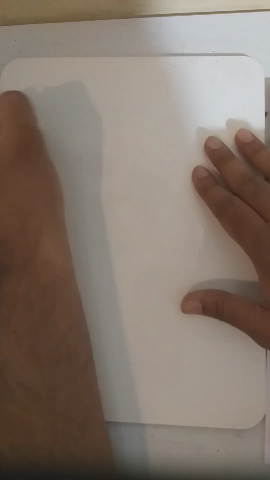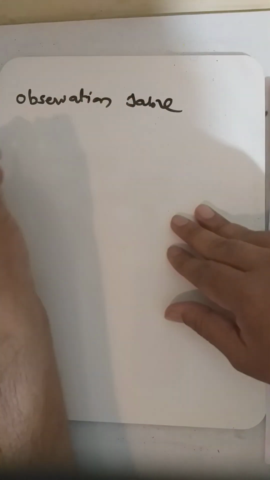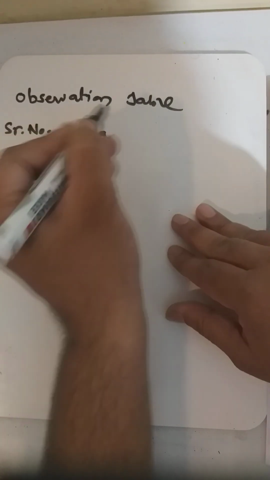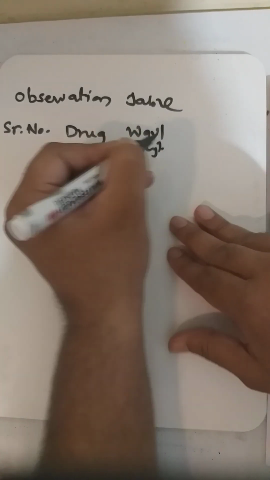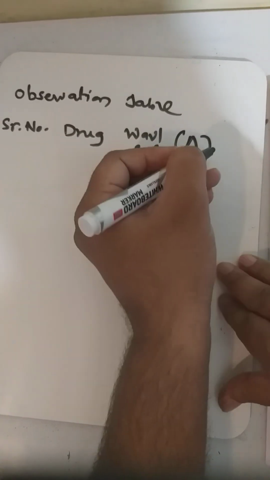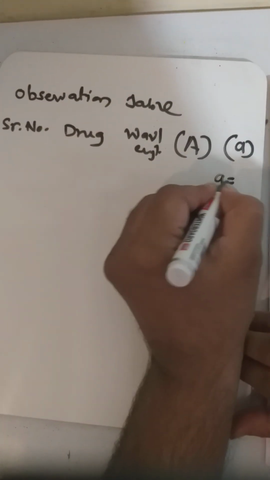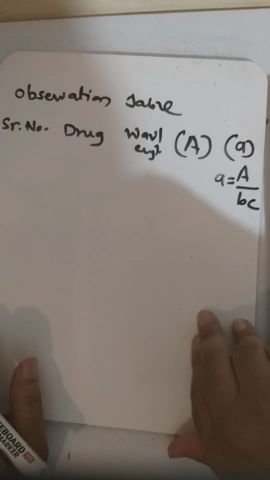Thereafter, you have to prepare the observation table. In that there would be serial number, drug name, wavelength, absorbance, and small a, that is called the absorptivity. Absorptivity is given by a = A/bc.